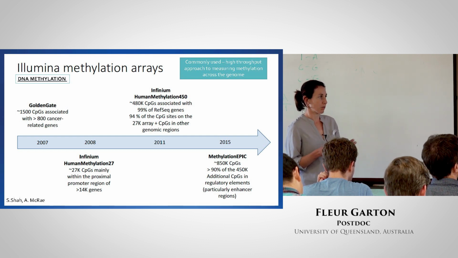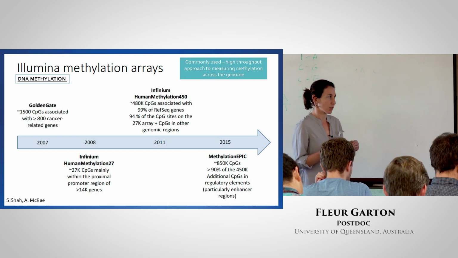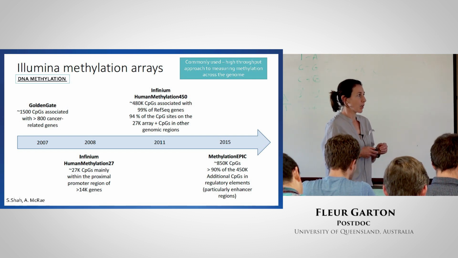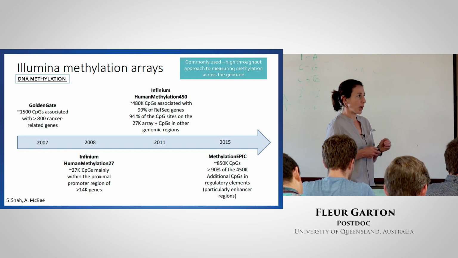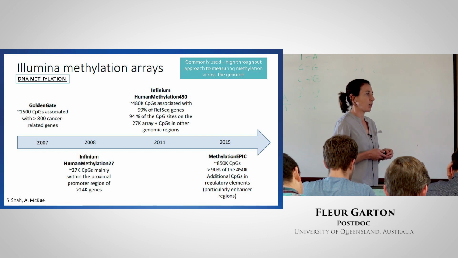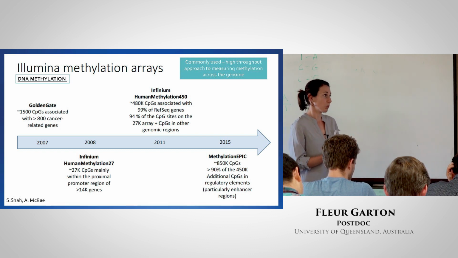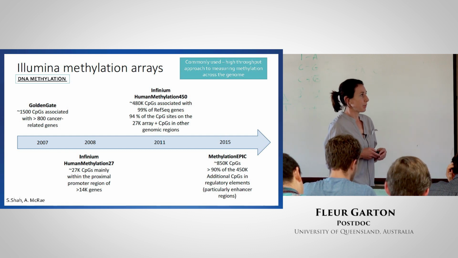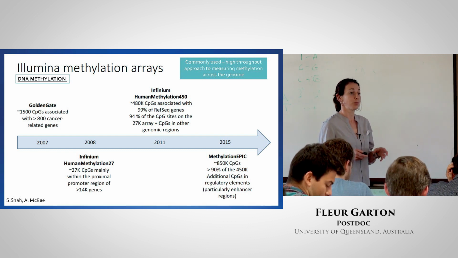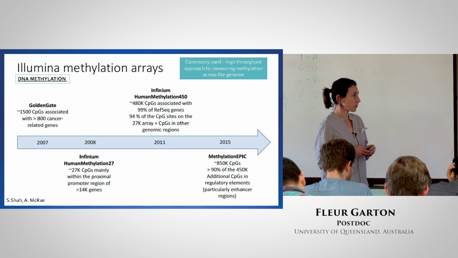Over time, these chips, similar to the SNP arrays, have more CpG sites getting measured. The most common in the literature is the 480K chip, and this is being discontinued. I think they're moving to the EPIC chip, which is double the number of sites. This is a common high throughput approach to measure changes in methylation.